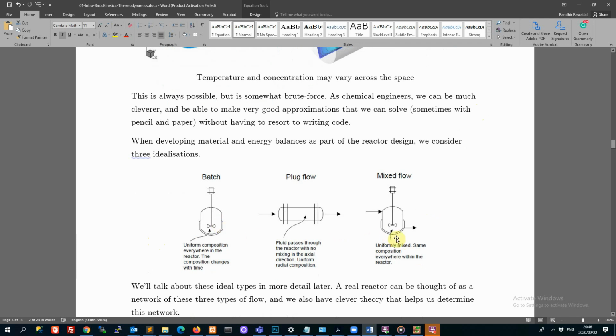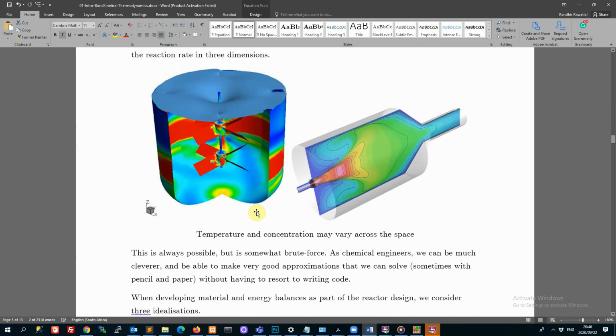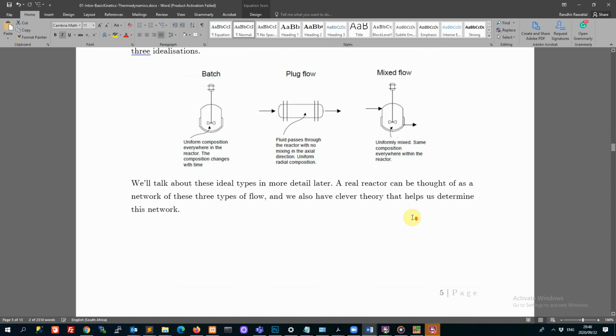We learned that there are some ideal reactor types: batch, plug, mixed flow. So we'll be using these ideal types to produce extremely simple models of the reactor. So instead of dealing with the partial differential equations and so on, we'll actually be able to model reactors like these with simple algebraic equations that you can solve with a pencil and piece of paper.